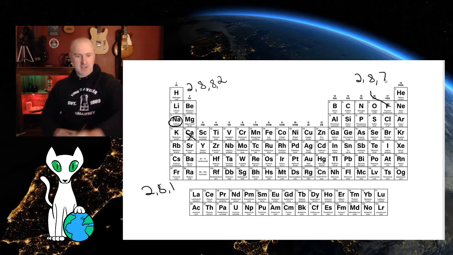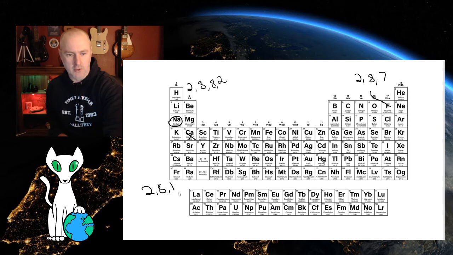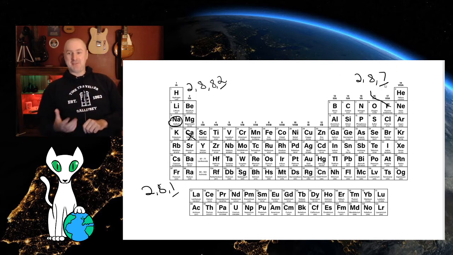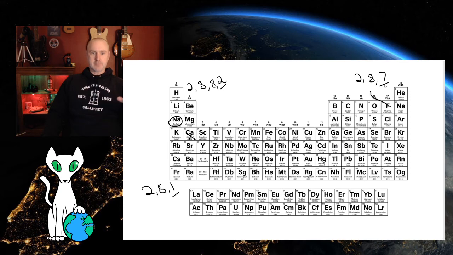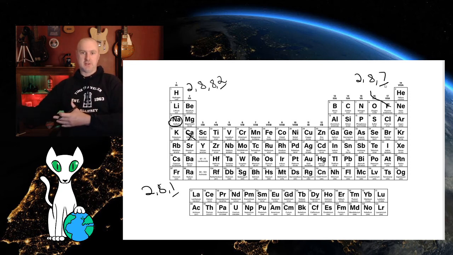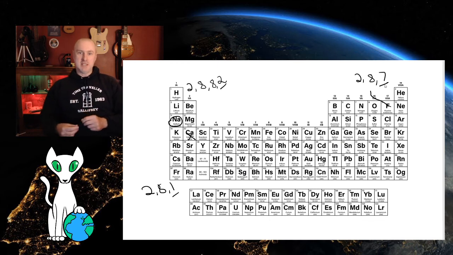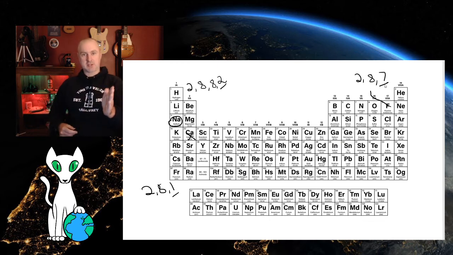And I'm hoping that as I've said that to you, you've kind of twigged that if you're in group 1, look at that, we have 1 electron in our outer shell. If we're in group 2, we have 2 electrons in the outer shell. And if we're in group 7, we have 7 electrons in the outer shell. Now, for all the elements you will encounter at GCSE, this rule of 2, 8, 8 up until you fill your final shell will always leave you with the same number of electrons in your outer shell as your group number.